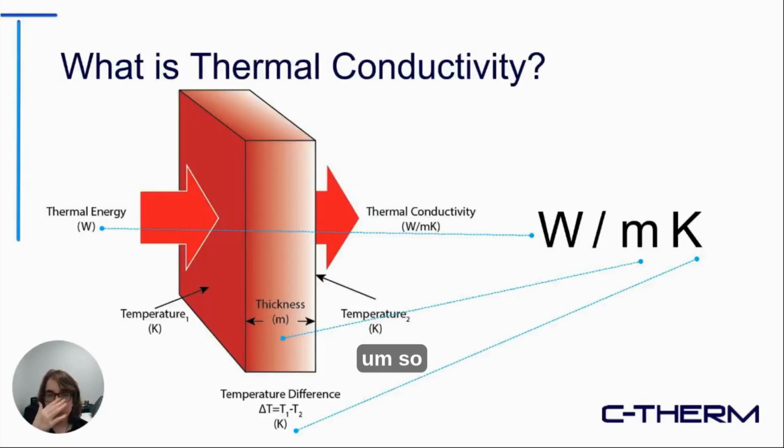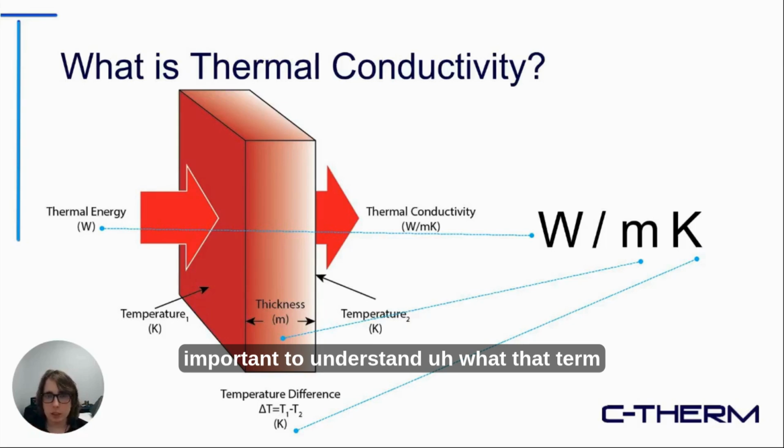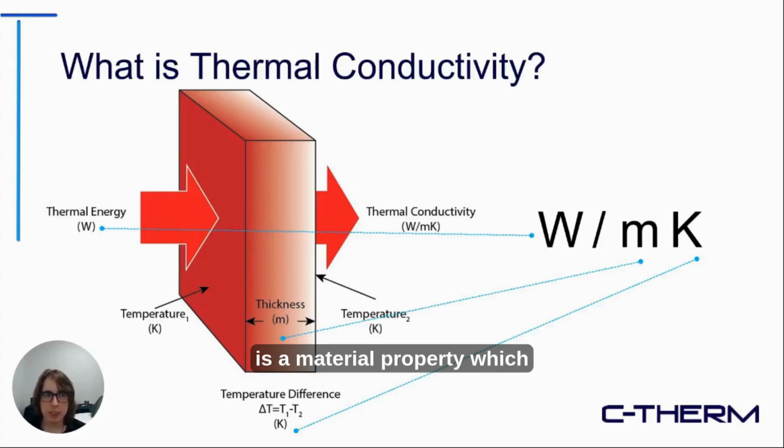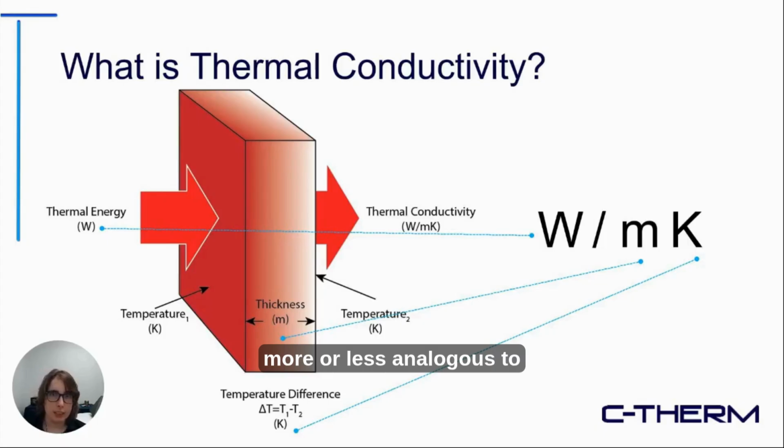So when we're talking about thermal conductivity, it's important to understand what that term actually means. Thermal conductivity is a material property which is more or less analogous to electrical conductivity, in that it's talking about how well a material or substance can transmit heat through itself.